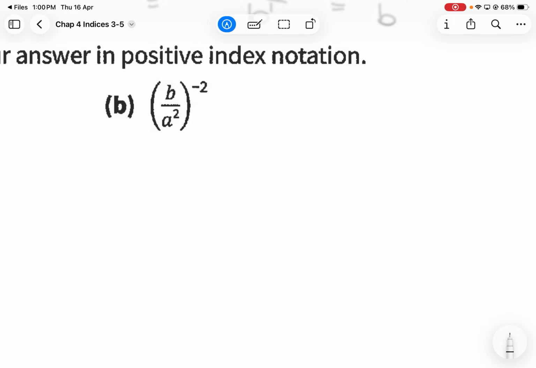Okay. For part B. You can take two approaches. Number 1. There is a fraction, I have a power, I can give my power individually to them.